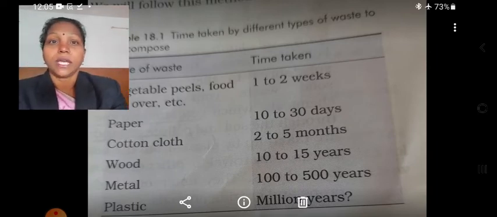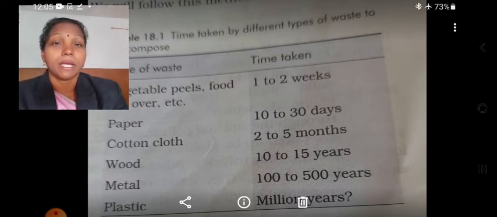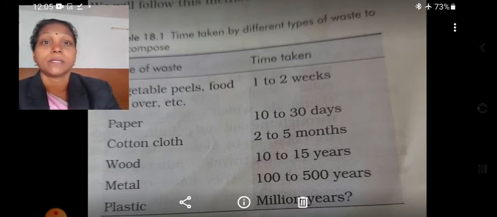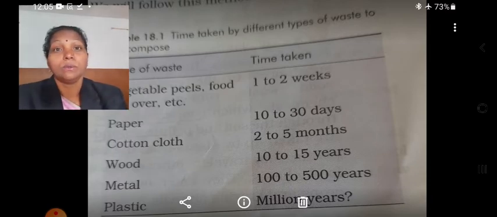Students, from this table we can understand that natural materials are decomposed by natural agents like bacteria and fungi. These fungi and bacteria are natural decomposers. They break down complex materials into simpler compounds that mix with the soil.